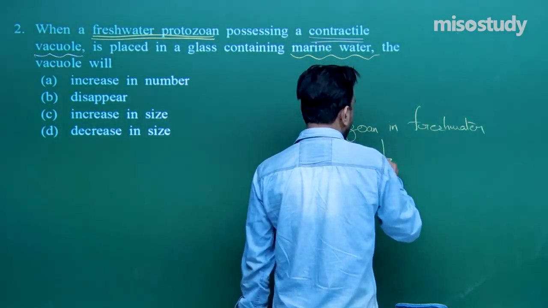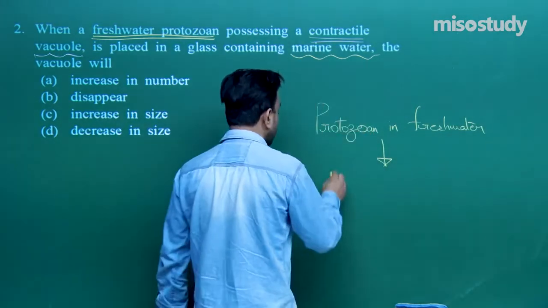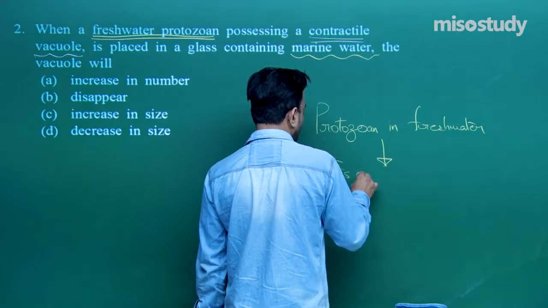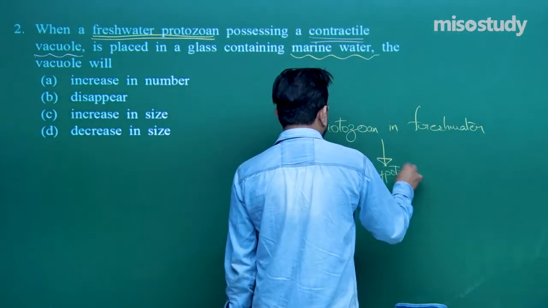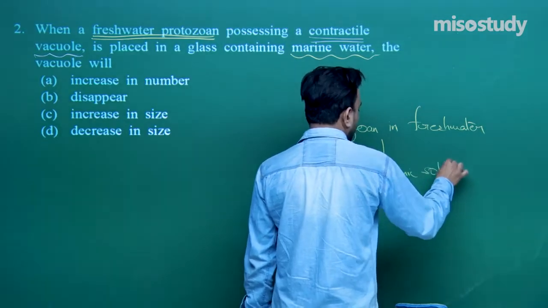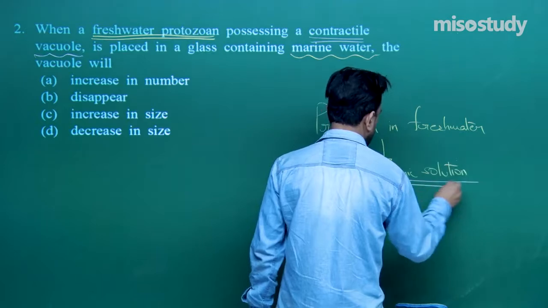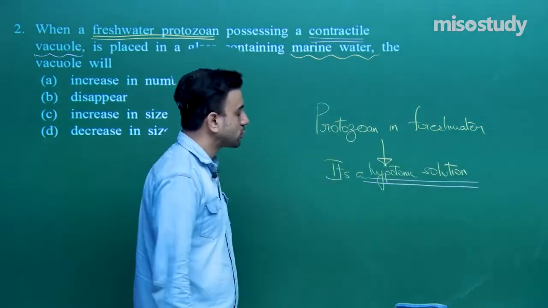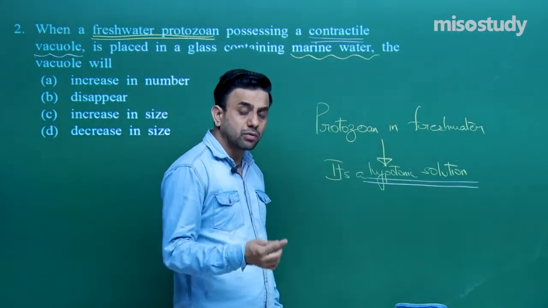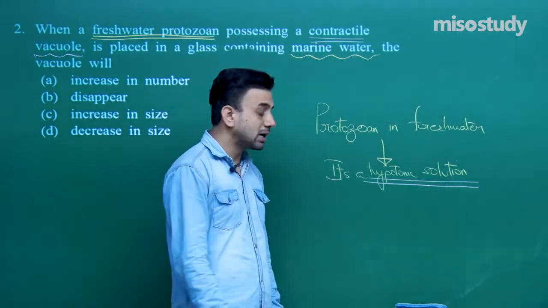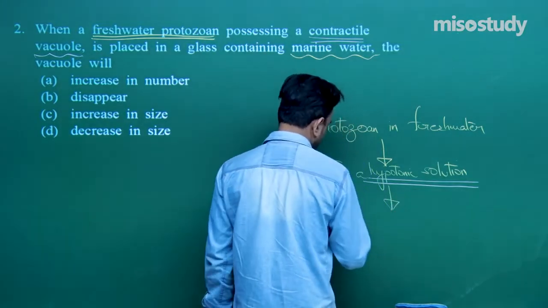Now fresh water is always a hypotonic solution, right? And hence the water will be entering the protozoan, that is, there will be endosmosis.